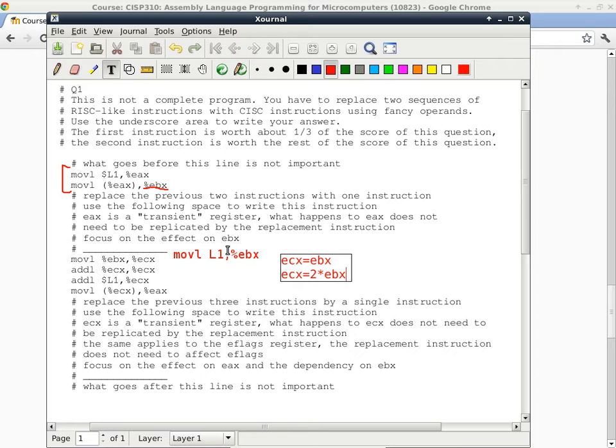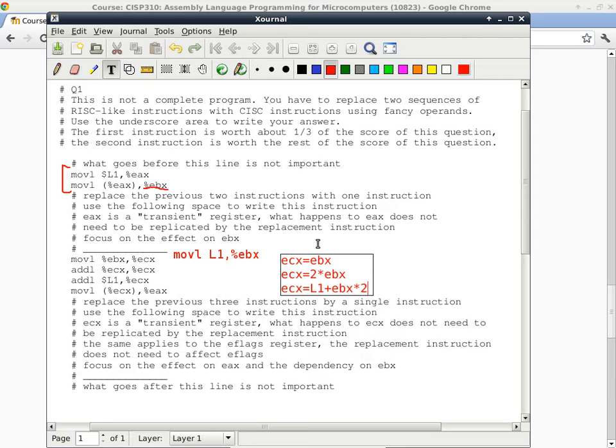So ECX ends up being twice the value of EBX. Is that okay? Does everybody understand how after the second instruction ECX is twice EBX? Okay. And the third instruction is just adding L1. So ECX becomes L1 plus EBX times 2. Is that okay?